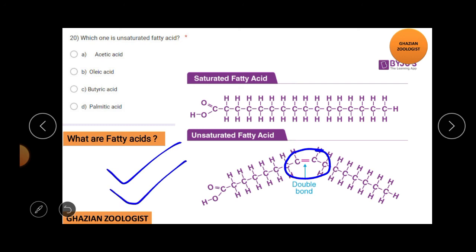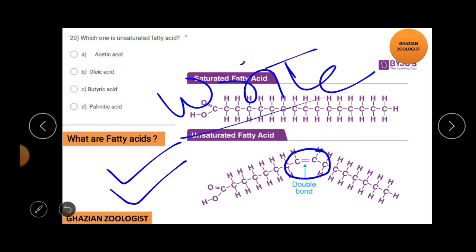So which one is the unsaturated fatty acid? It is oleic acid. Acetic acid is a saturated acid, butyric acid is a saturated acid, and palmitic acid is also a saturated acid.